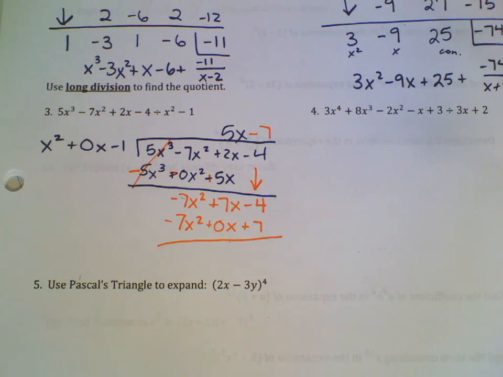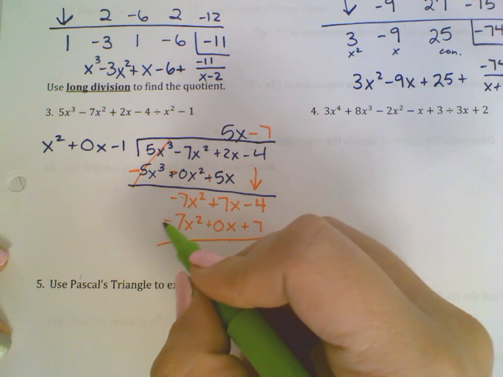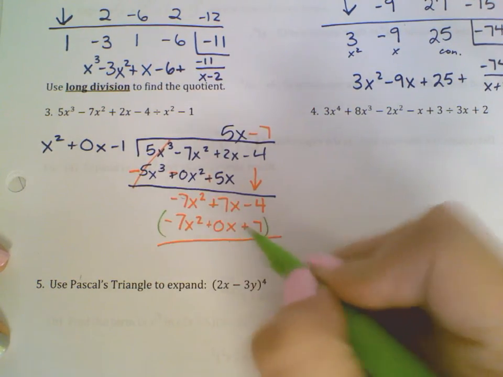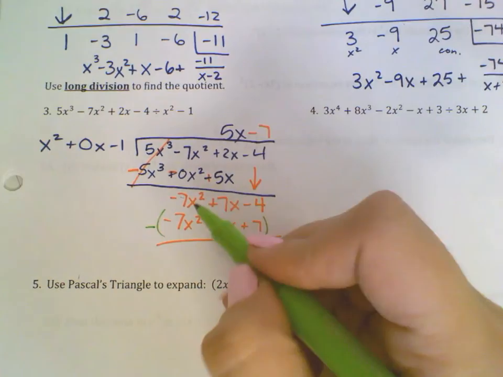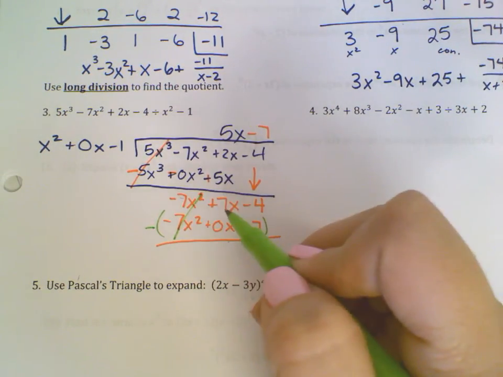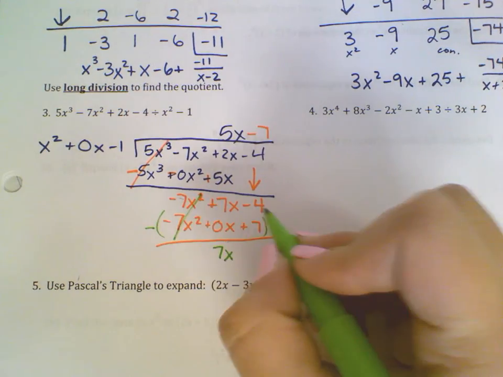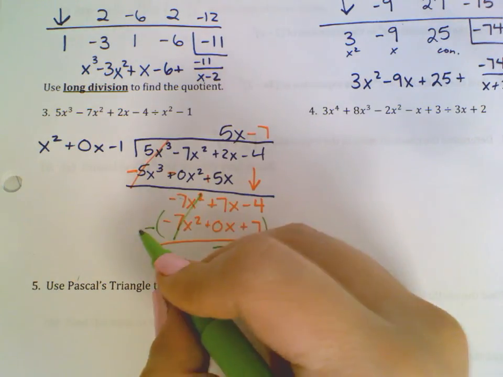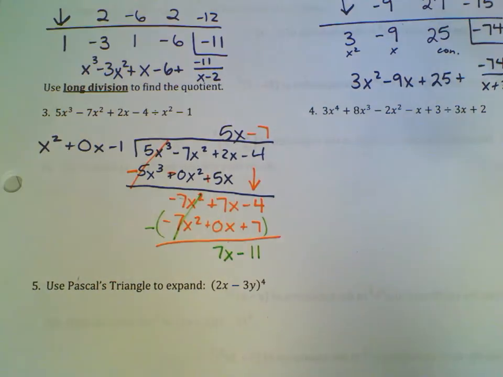So negative 7x squared minus a negative 7x squared, those are going to cancel each other out. 7x minus 0x is still 7x, and negative 4 minus 7 gives us negative 11. Then there's nothing else for us to bring down.